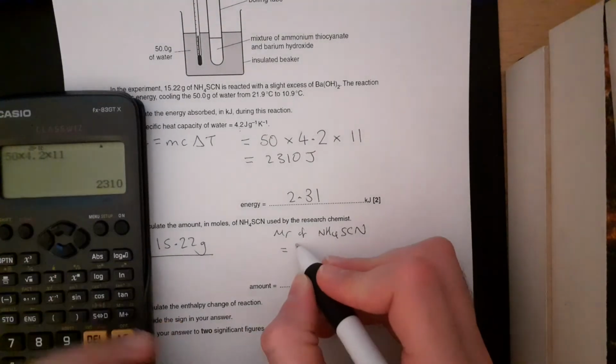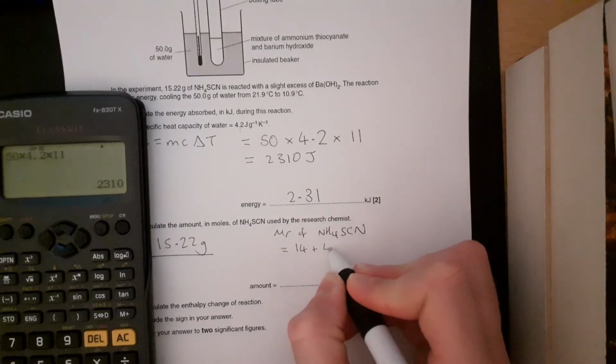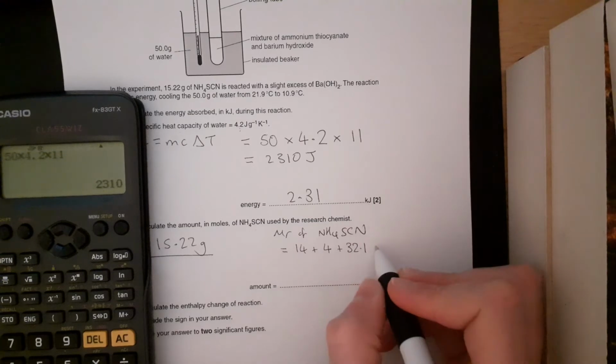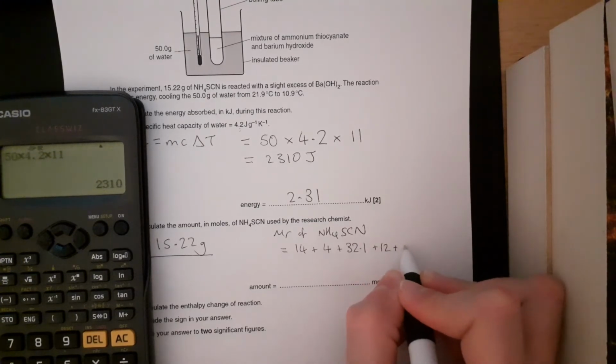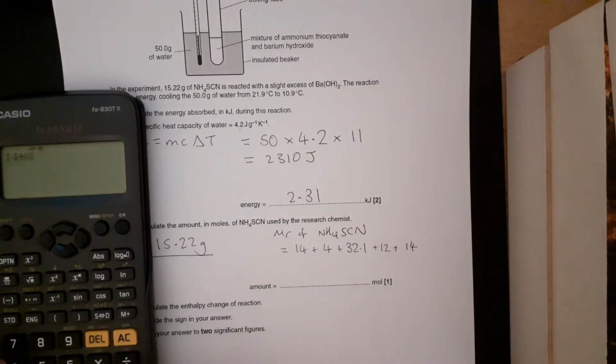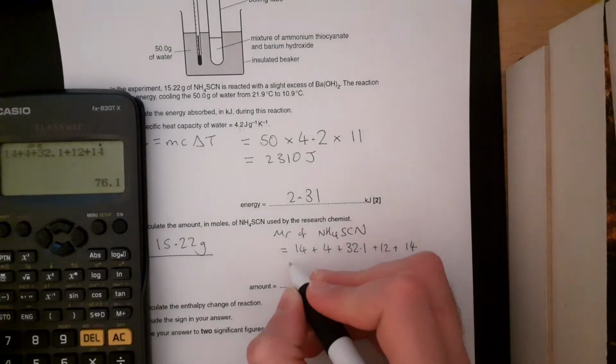So we're going to have 14 for the nitrogen, 4 for the 4 hydrogens, sulfur is 32.1, carbon is 12, and nitrogen is 14 again. So 14 plus 4 plus 32.1 plus 12 plus 14 is 76.1.